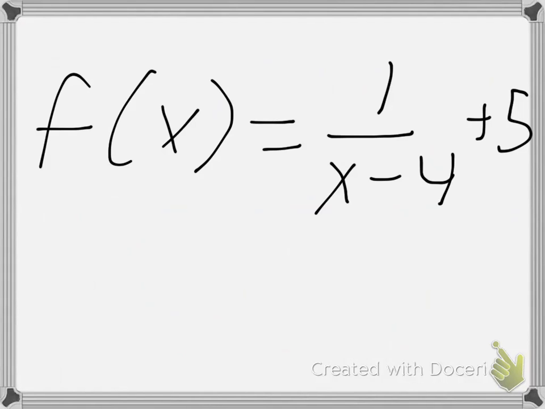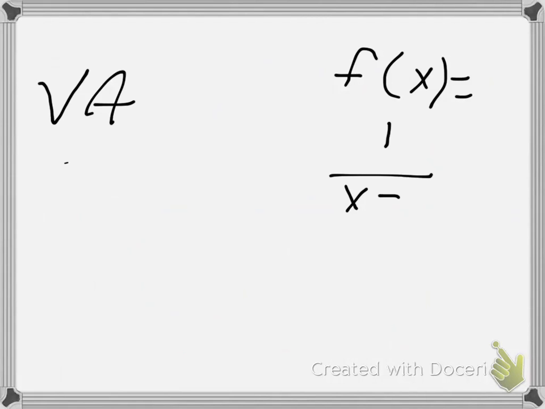Now the first thing we need to do is find our vertical asymptote, which is positive 4, because since our problem, which is f of x equals 1 over x minus 4 plus 5, is a transformed form, we cannot put negative 4, we have to put positive 4, which we would write x equals 4.